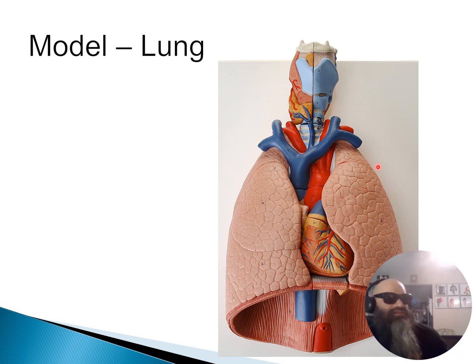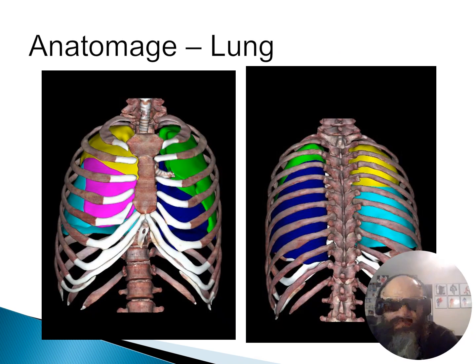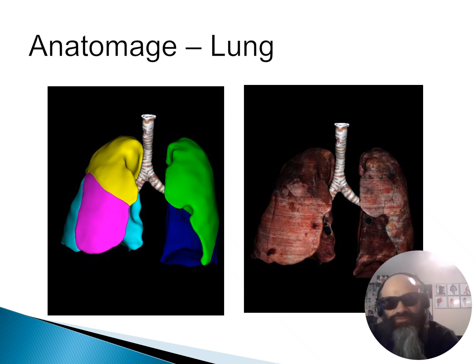Here's your right side as well. We actually do have this anatomical structure in the lab for you guys to practice on. Here's what the structures look like on the Anatomage. Notice how well the thoracic cavity protects the internal organs in the chest. Here are the lobes with different colors.